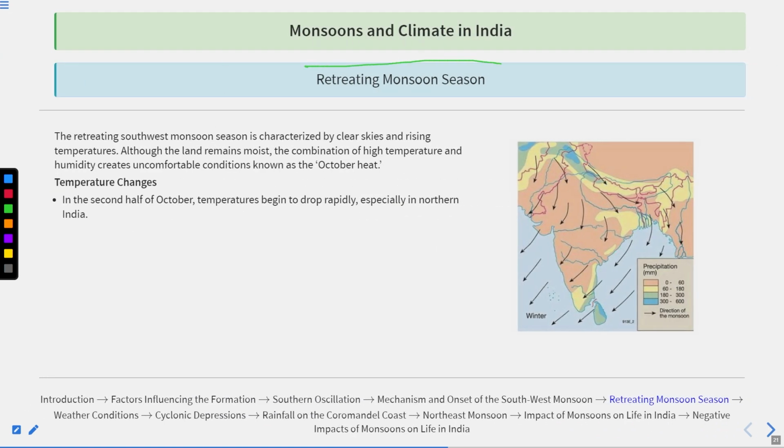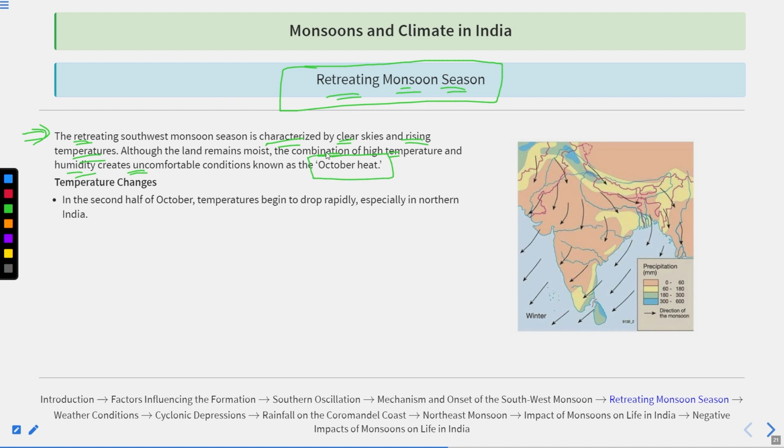Thereafter, we have the retreating monsoon season to be discussed. The retreating southwest monsoon season is generally characterized by clear skies and rising temperature. Although the land remains moist during this time because the rains just stop, the combination of high temperature and humidity creates uncomfortable conditions known as the October heat.